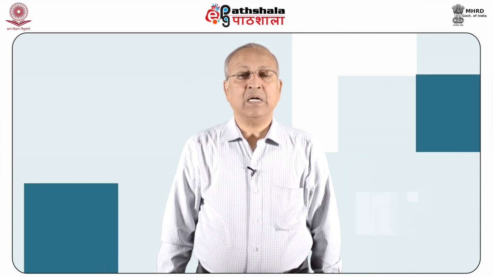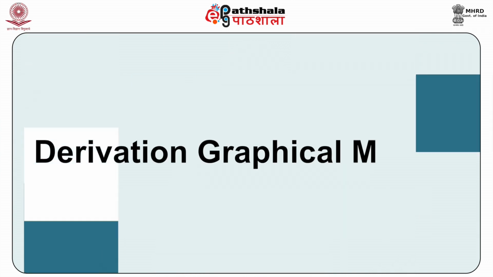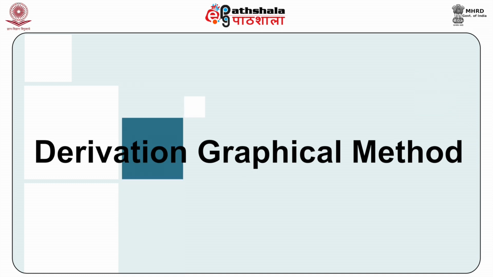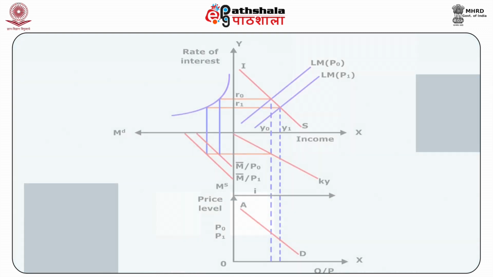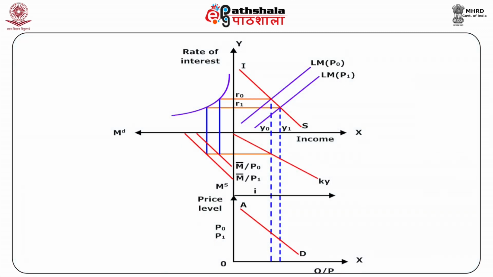Now, let us consider the derivation through the graphical method. As you would see in the diagram, we have a 4-quadrant diagram, but to make it more explanatory, we have also included a 5th quadrant.